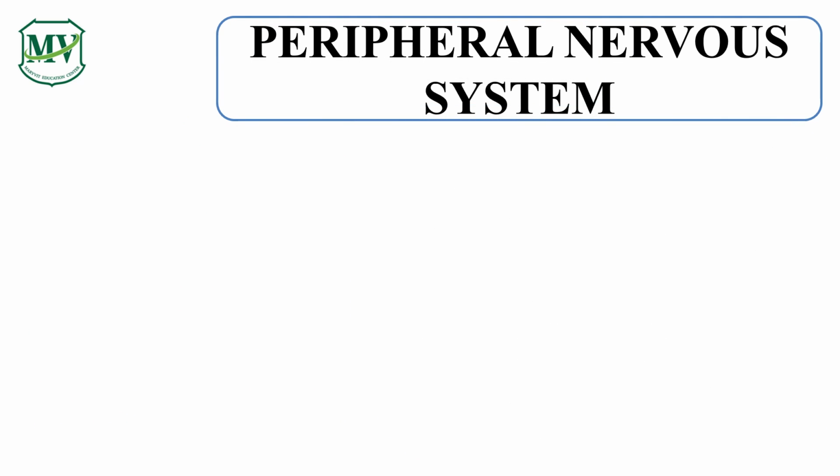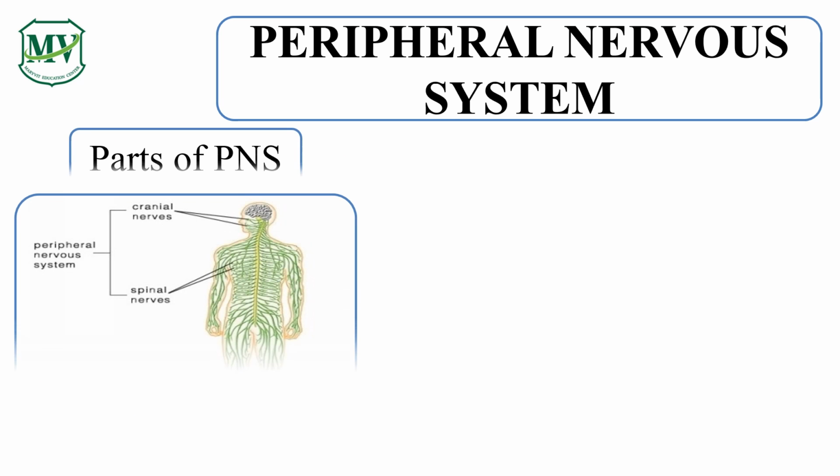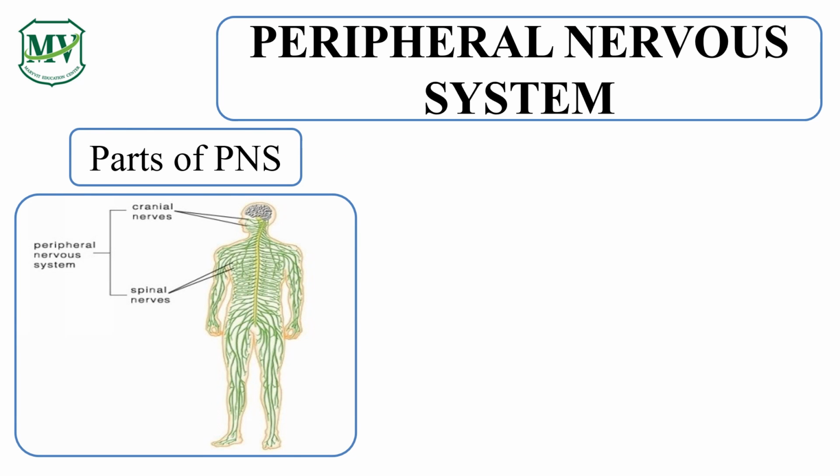Now, do you remember the two components of the nervous system? Very good. The CNS and the PNS. Now, let's learn about the peripheral nervous system. What are the two parts of the peripheral nervous system? Very good.